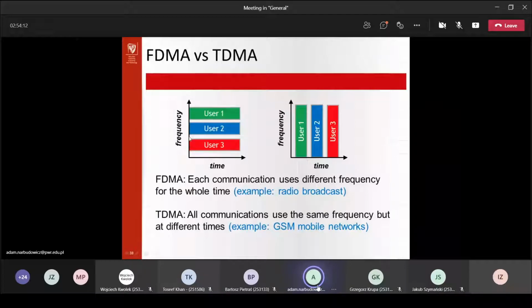If you think about FDMA, or frequency division multiple access, you really need to make sure that your signal does not overlap with your neighbor's signal, and that leaves some additional bandwidth or frequencies that is considered a so-called guard band.